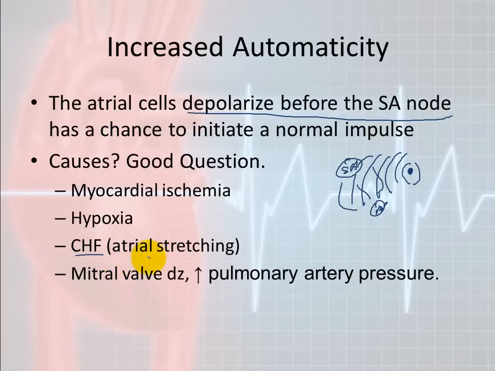This isn't an atrial stretching like somebody had to run up the stairs because they were late for a meeting and you have an increased blood return to the heart, so now you have an increase in atrial stretching just to accommodate for the increased blood return. That usually doesn't cause automaticity unless you have one of these other two problems. This atrial stretching from congestive heart failure is a chronic problem. Also, any kind of mitral valve disease, increase in pulmonary artery pressure with the disease process, or pulmonary embolism, or anything like that.